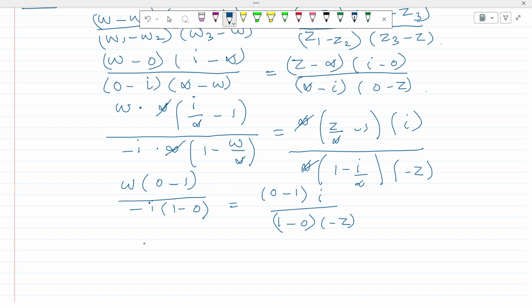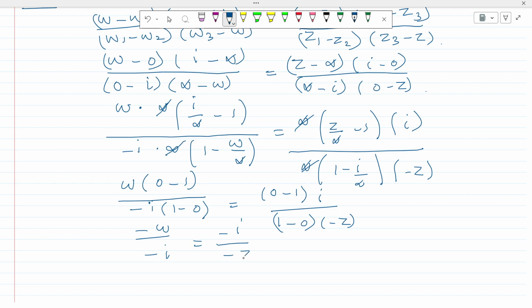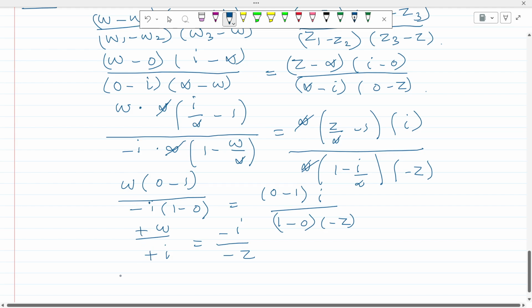What do you get? W minus 1 minus W divided by minus I equals minus I divided by minus Z. Here the minus minus get cancelled, here also minus minus get cancelled, and then W equals minus 1 by Z.